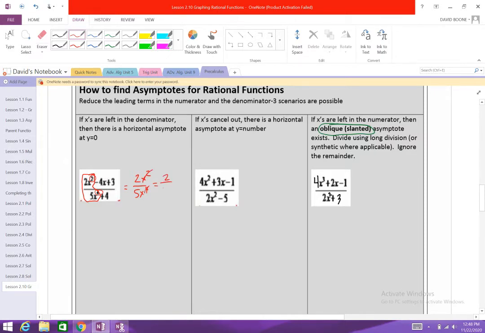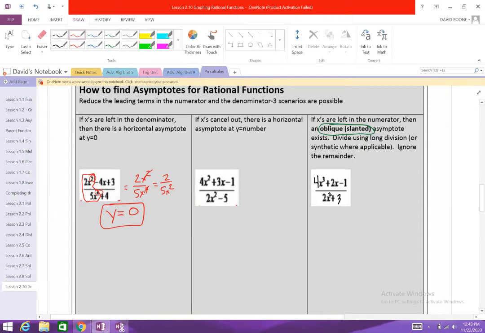So I really have like 2 over 5x squared. So you can see the top wouldn't change at all, but the bottom would keep getting bigger and bigger and bigger. So therefore, this fraction is actually getting closer and closer to 0. So that's why we say y equals 0 would be our horizontal asymptote in this case.